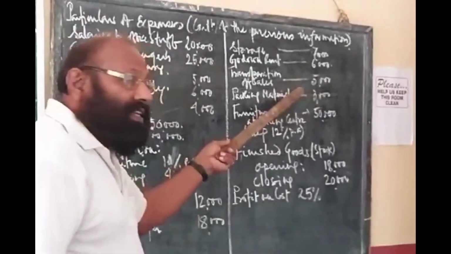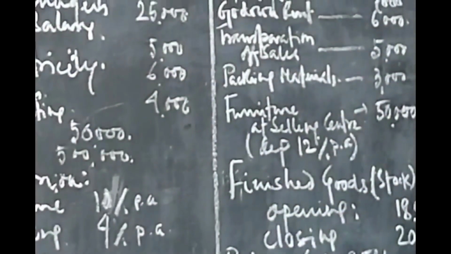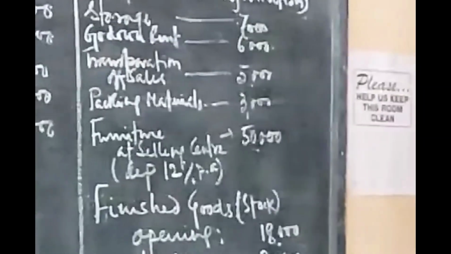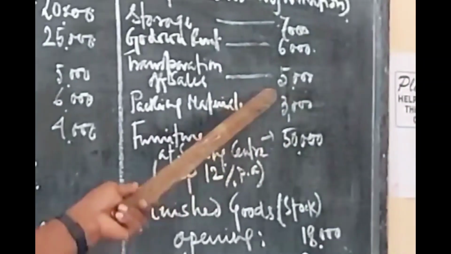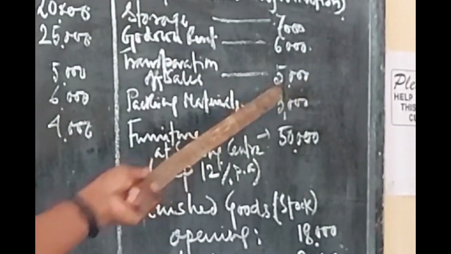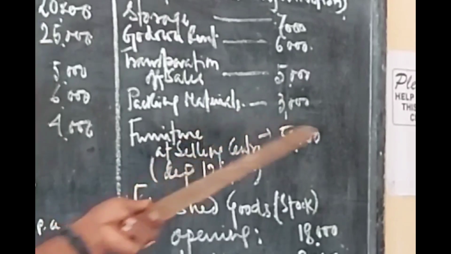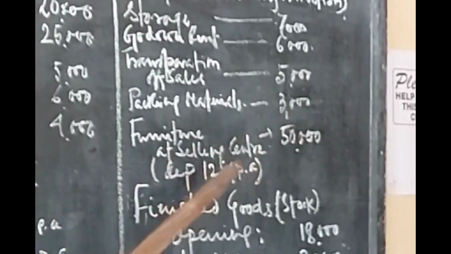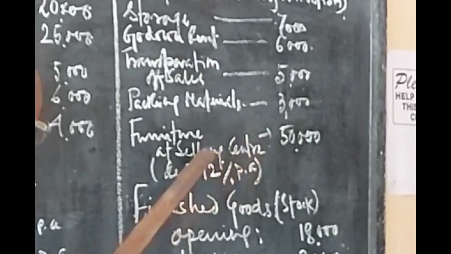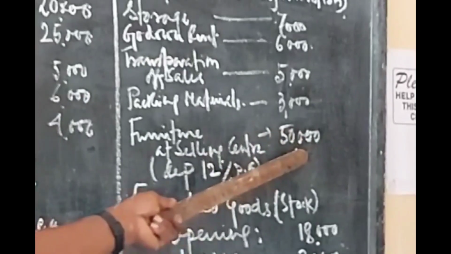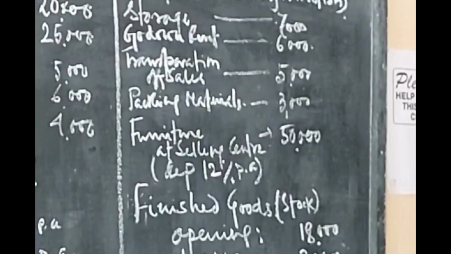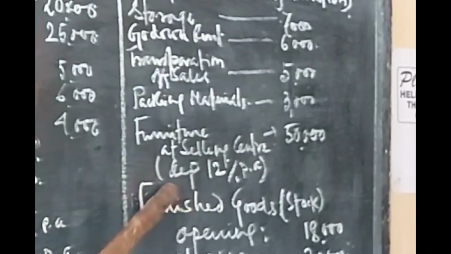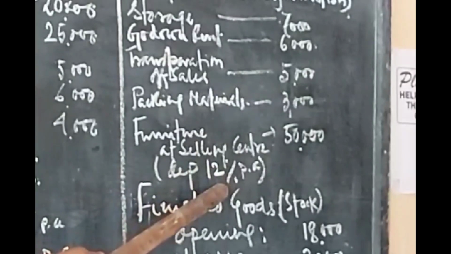Transportation on sales means the goods are being sold and they are to be carried to the place of consumption of the customer. So it is a distribution expense. Packing material is obviously a distribution expense. Furniture at selling center, how much? 50,000. So it is an asset and it should not come under cost of sale. But something is written in between: depreciation 12%.